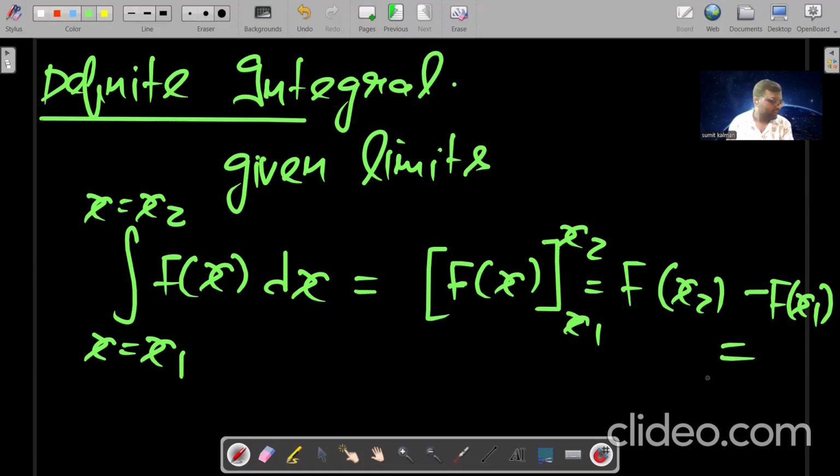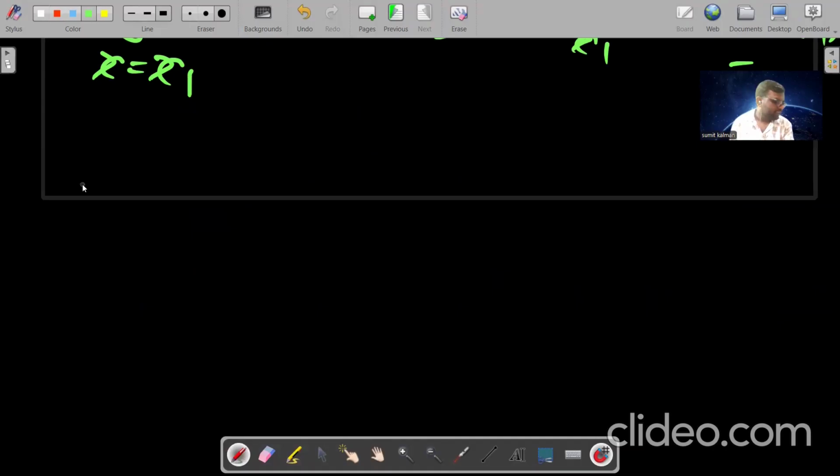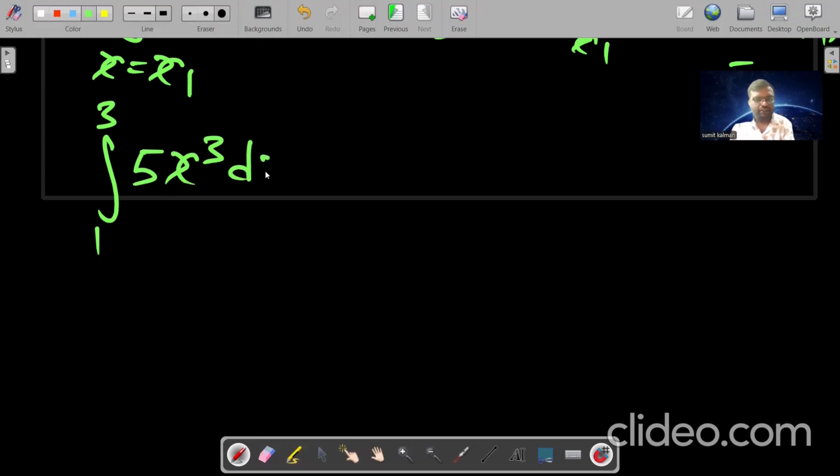Now, students, for example, let me give you one example. Suppose you have to evaluate the integral between 1 to 3. The lower limit is 1 and upper limit is 3, and it is 5x cube dx.